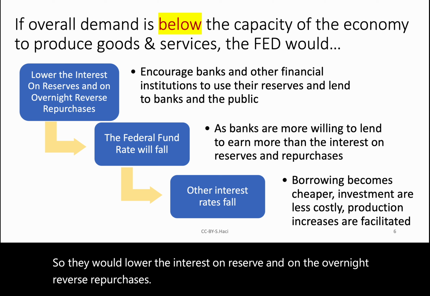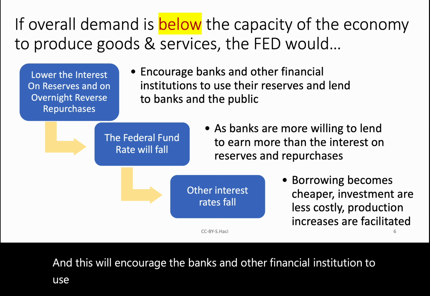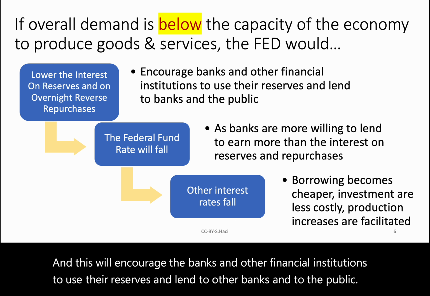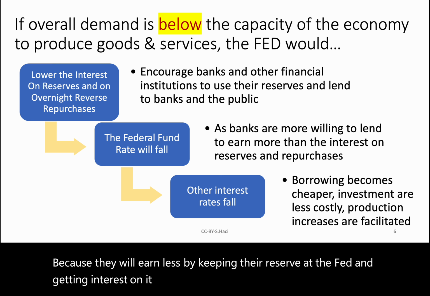This will encourage the banks and other financial institutions to use their reserves and lend to other banks and to the public, because they will earn less by keeping their reserves at the Fed and getting interest on it. They have better opportunities in lending to the public and to other banks.